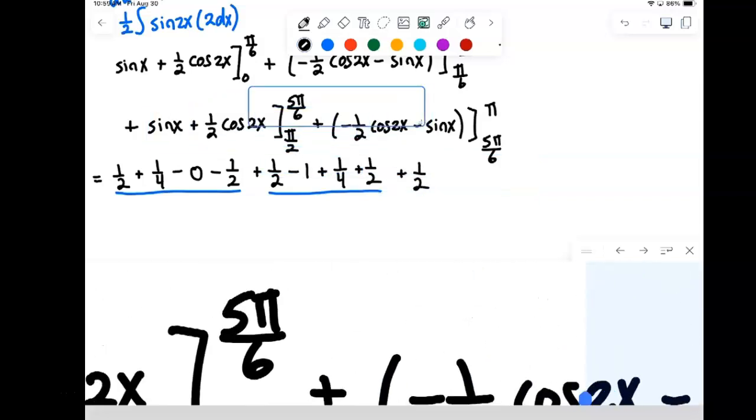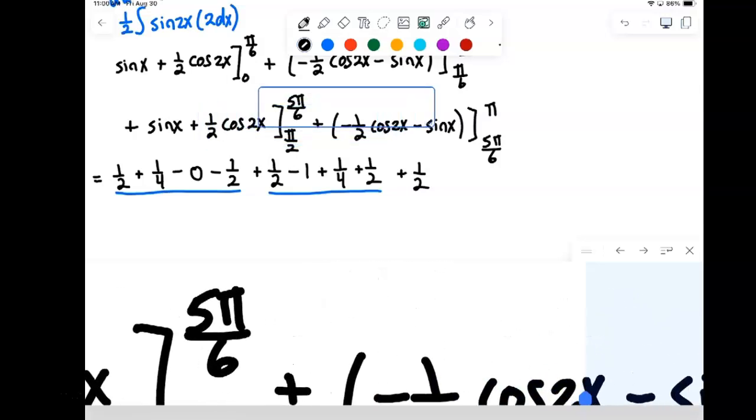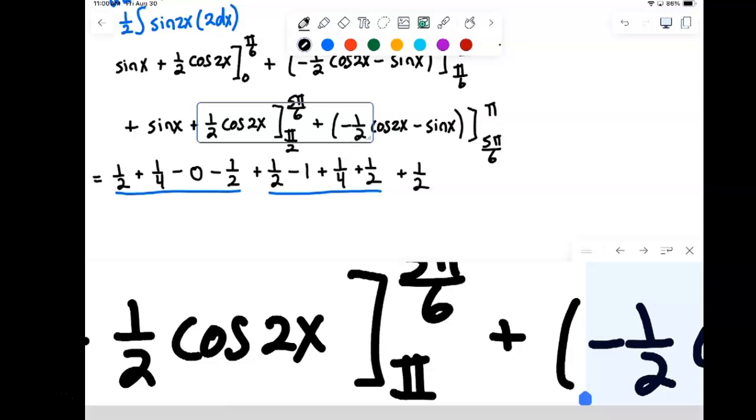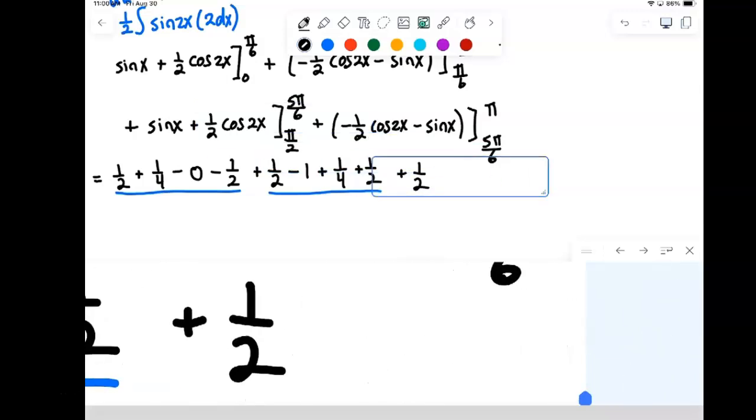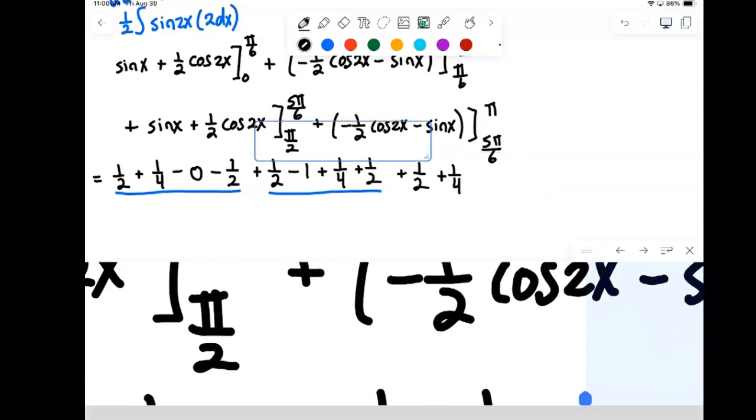Okay. If you take the angle and multiply by 2, it becomes 5 pi over 3, which puts us in the fourth quadrant with a pi over 3 reference angle, where cosine again is 1/2. 1/2 of 1/2 is 1/4. Okay. And then we subtract off the pi over 2 stuff.